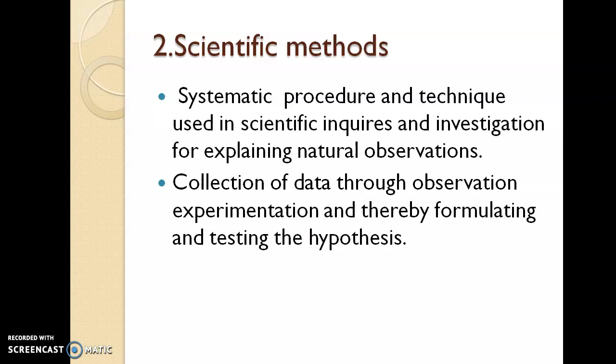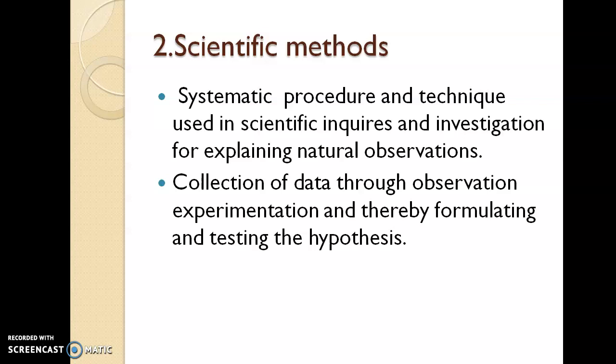Scientific method is a systematic procedure and technique used in scientific inquiry or investigation for explaining a natural phenomena or natural observation. It generally involves the collection of data by means of observation, and we need to make an experiment based upon this observation, and finally we have to formulate a hypothesis, and based upon this hypothesis we need to make a test.